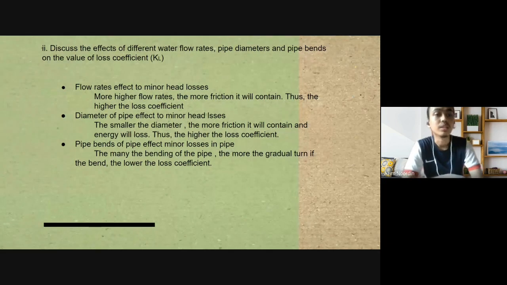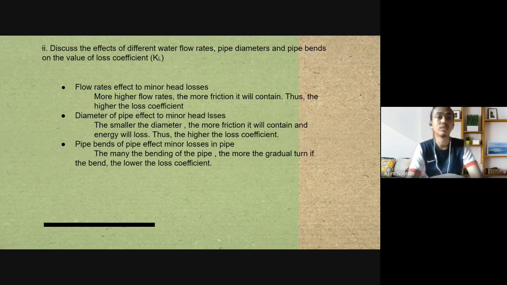Second one is diameter. With a smaller diameter, there is more friction and more energy is lost, thus we get a higher loss coefficient. Okay, the last one is pipe bends.